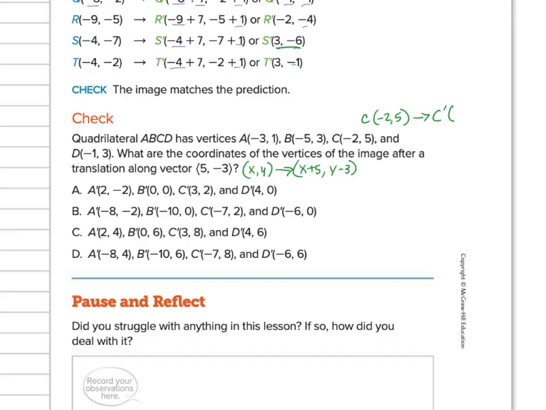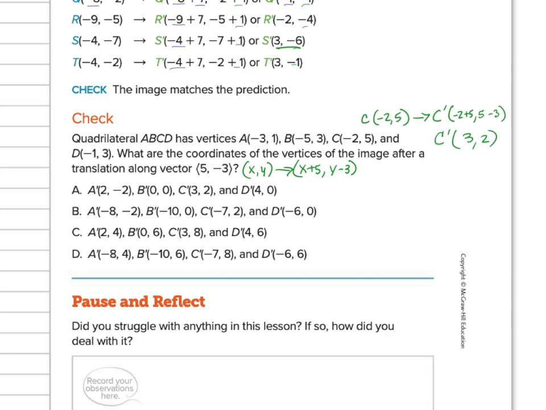So x plus 5, I have -2 plus 5, and then my y value is 5 minus 3, so C prime should be 3, 2.